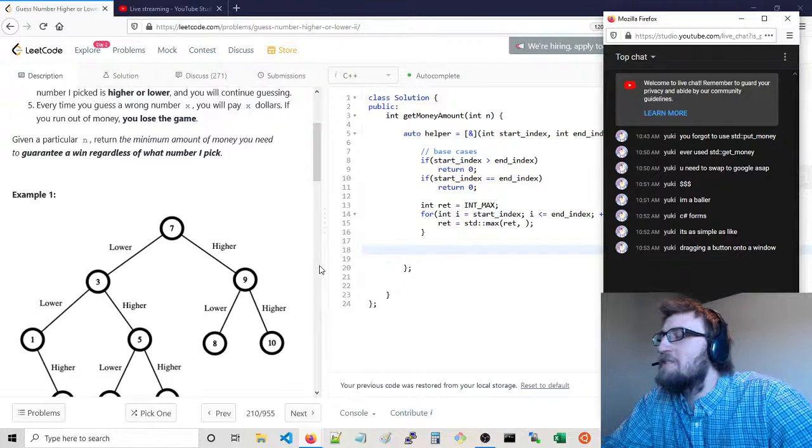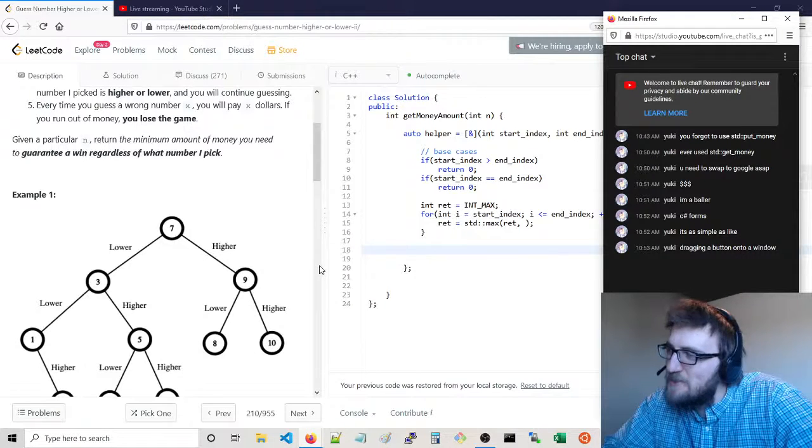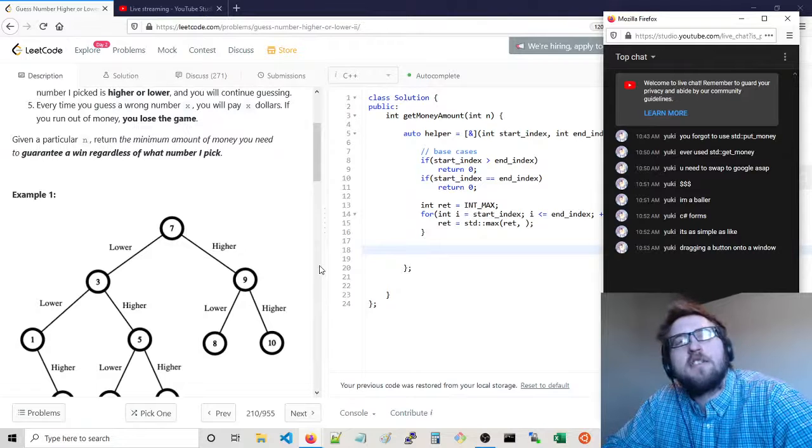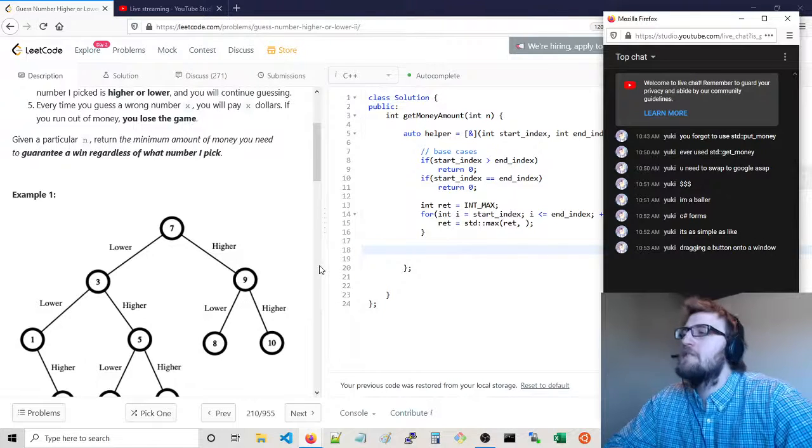C# forms. That's what it was, right? Yeah, .NET C#. Simple as dragging a button onto a window. Oh, okay. Fair enough. I don't want to say you never know what other people know. It's not that you can't know something.